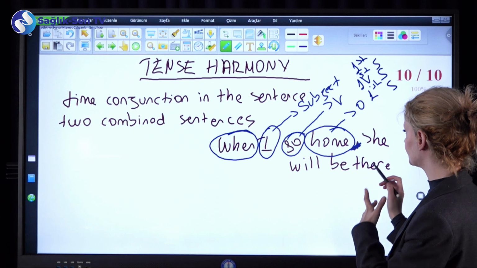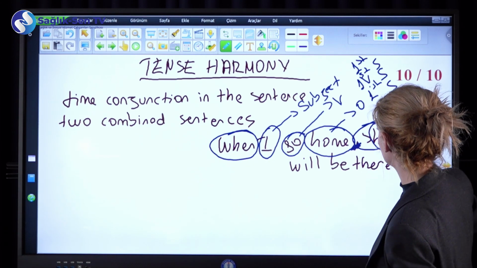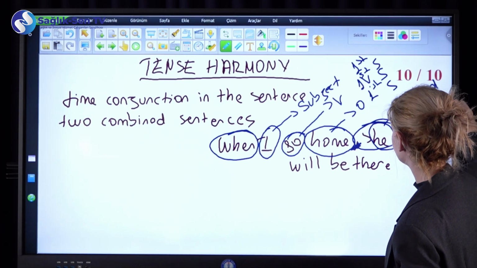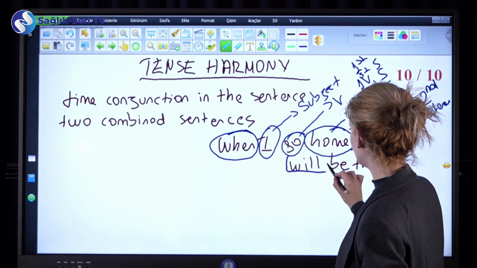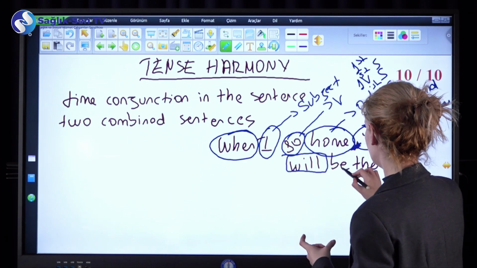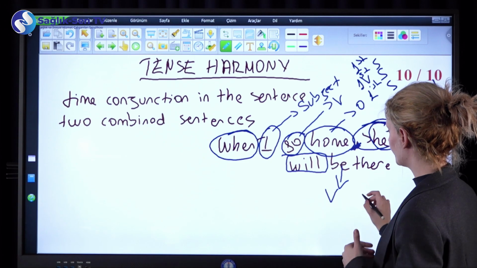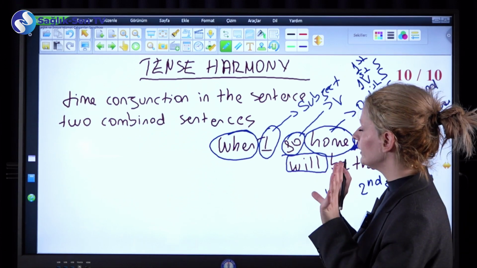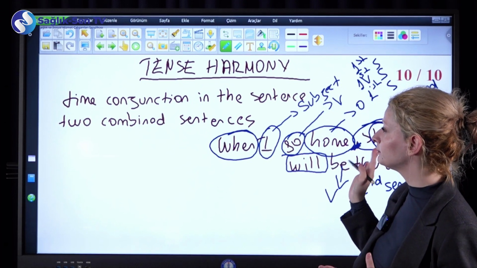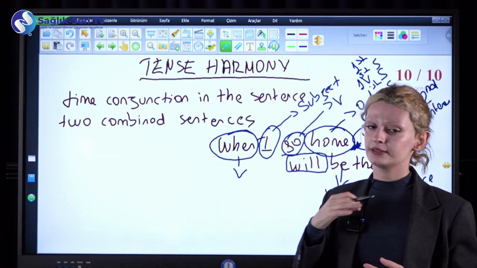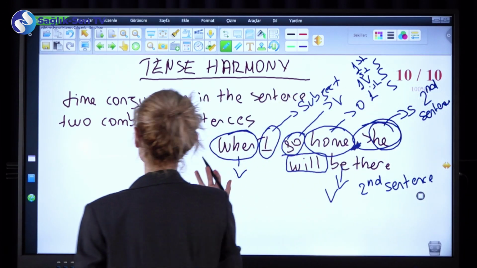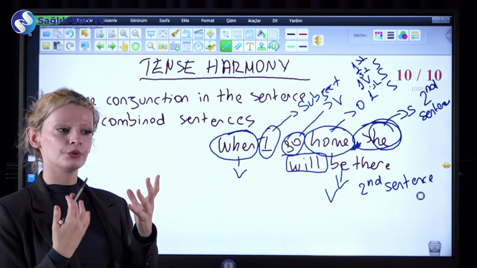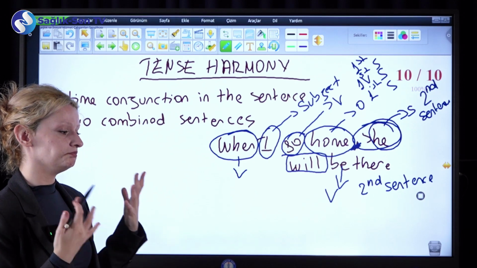And let's look at after the comma. You can see "she", subject of the second sentence. This is our tense, our auxiliary verb, and you can see the verb of our second sentence. So I now know that I have a combined sentence built with a time conjunction. What I'm going to do is use similar or close tenses to give a meaningful sentence.